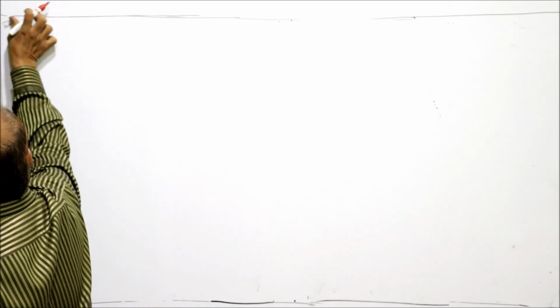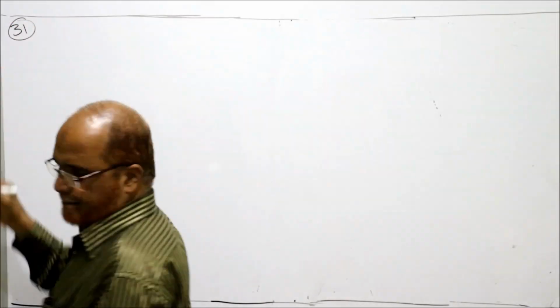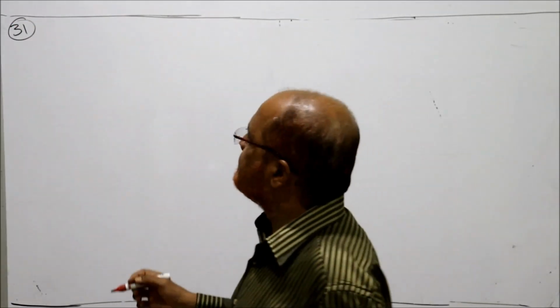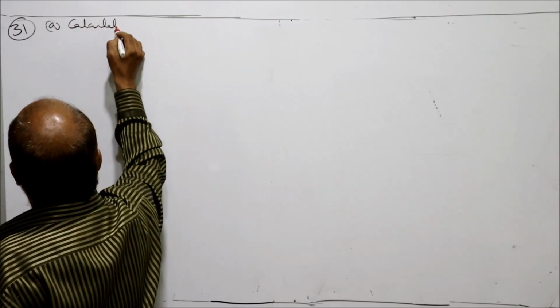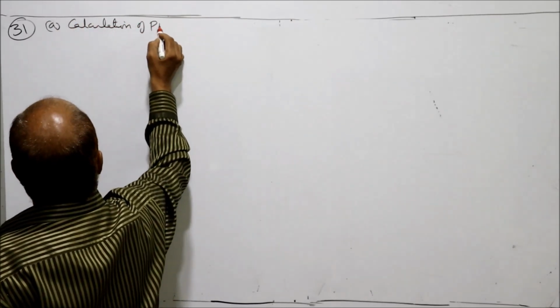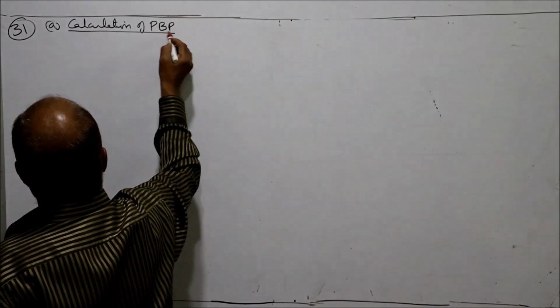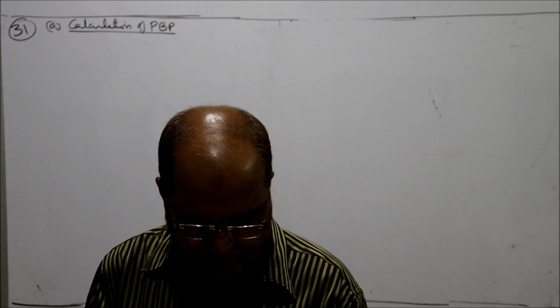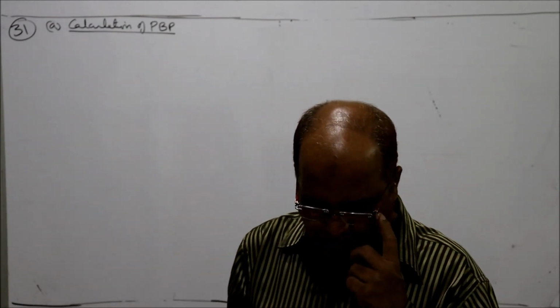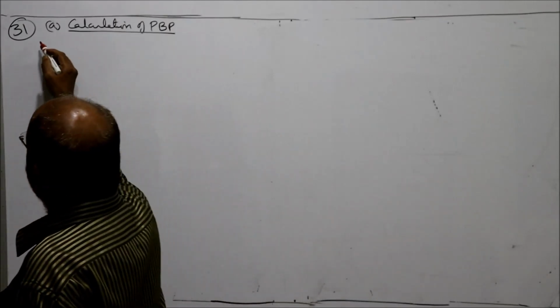First you write down problem number 31. A point: calculation of payback period, PBP. Annual cash inflows are constant.